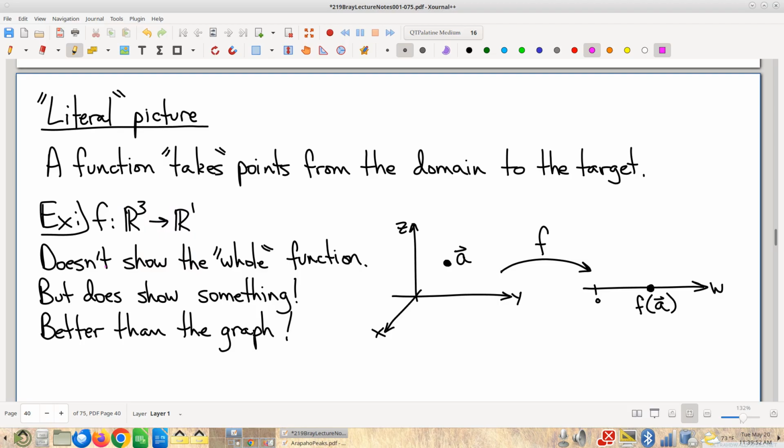So let me elaborate on the not much. Actually, I claim this is a really good picture in certain ways. Here's something we're going to be doing a lot of in this course. When we start talking about derivatives, we're going to have to make sense out of what we really mean by a derivative, and that is a whole story that we're going to spend the rest of Chapter 2 on after today, and I guess probably tomorrow.